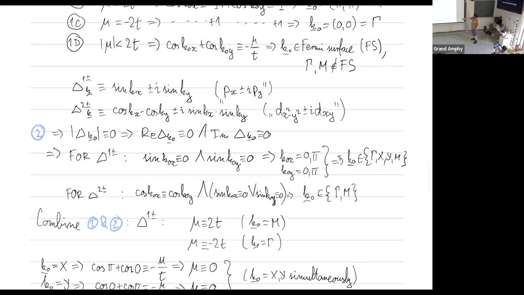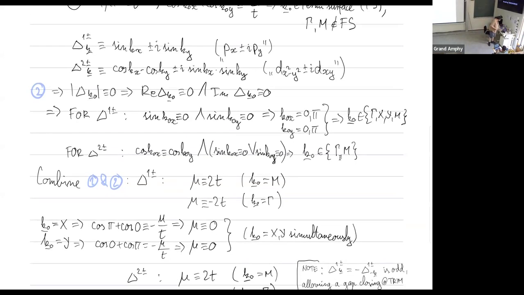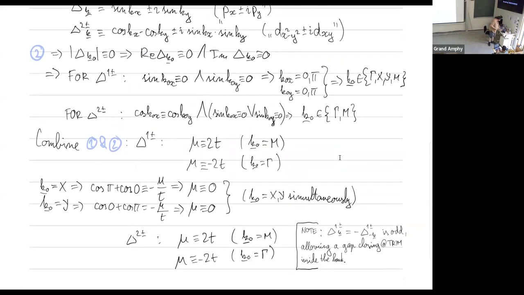The d wave dispersion is even in k, so it's not forced to go to 0 on all these points. You can solve it, and you should obtain that it goes to 0 at the gamma point and the M point, because those are the points where both cosines are 0 at the same time. Okay, easy peasy.